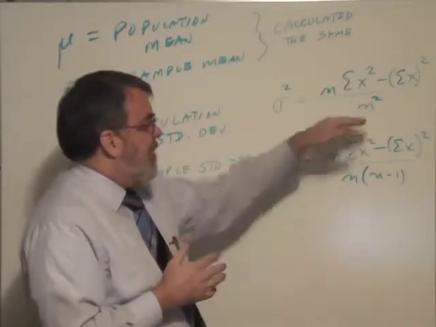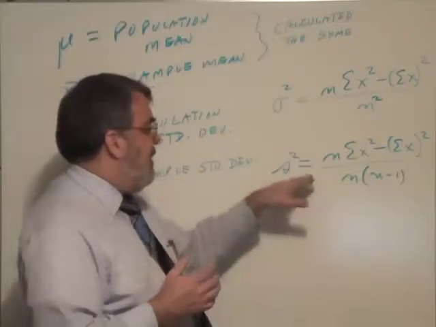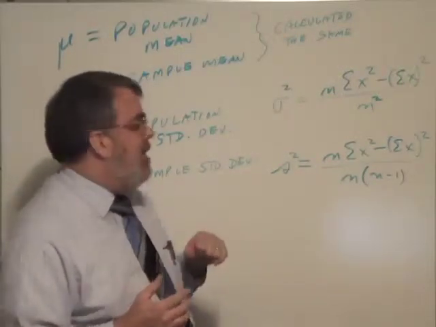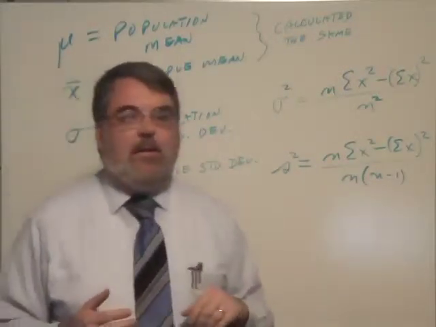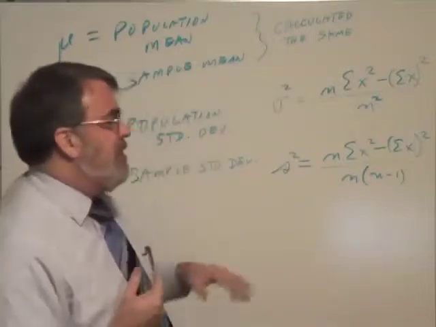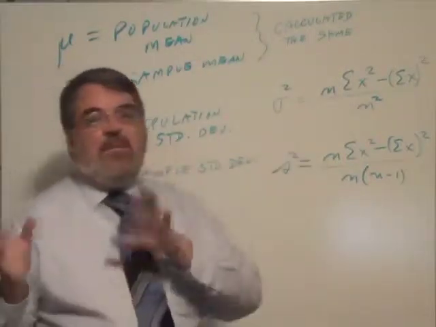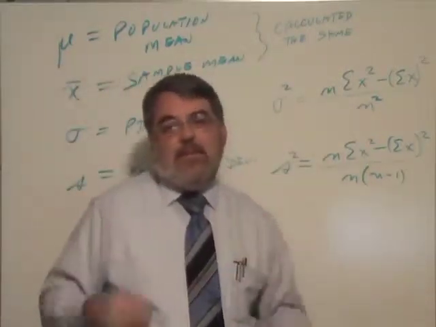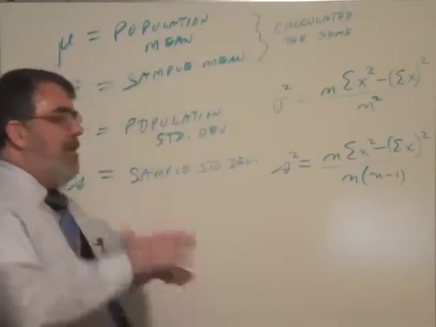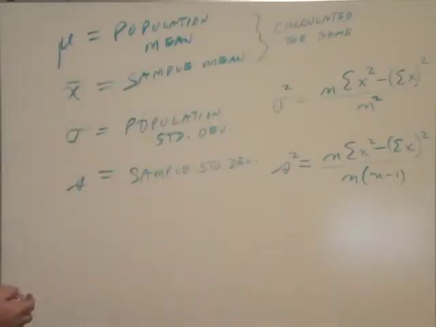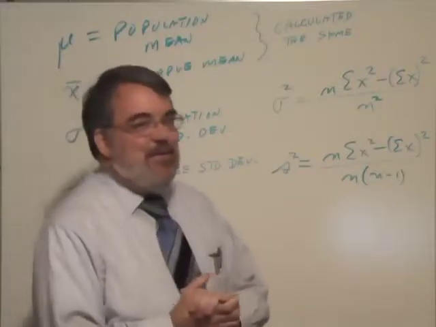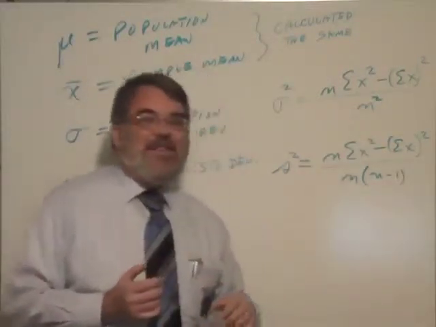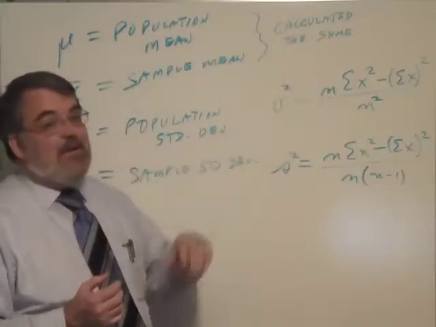So anyway, there is a small difference in these calculations. These numbers are slightly higher than the population, and it intuitively makes sense that there's a little more chance for error when you sample from a subset of a population. And so you need a little larger standard deviation. All right. Anyway, some food for thought. It's not very critical that you understand that difference. And in fact, I won't be using this calculation at all.